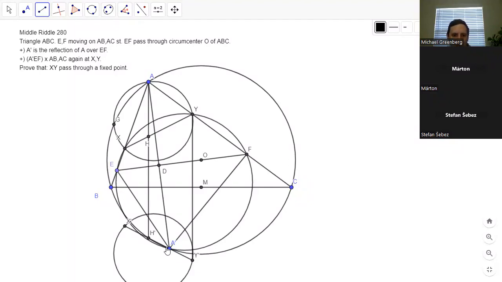Could you draw the orthogonal projection of A prime to BC? Yeah.